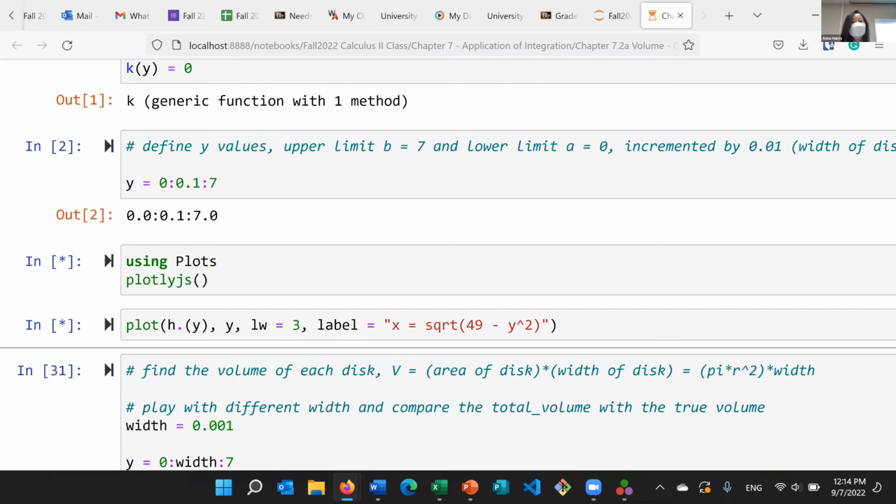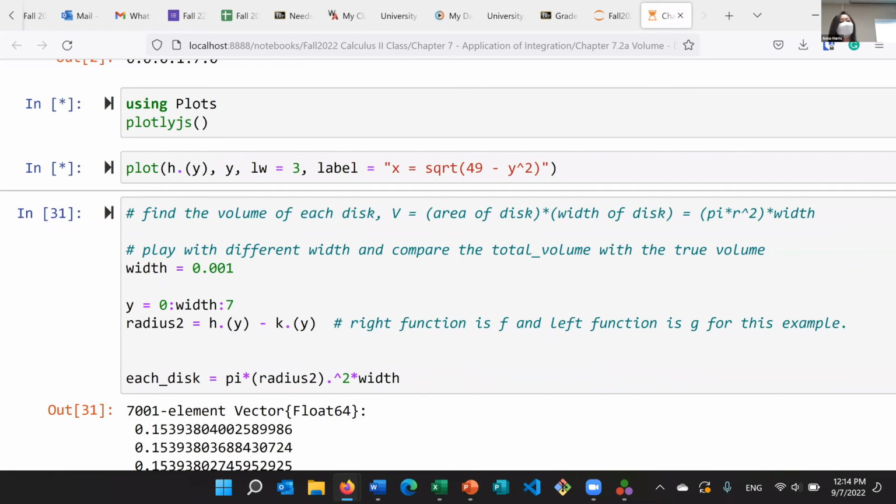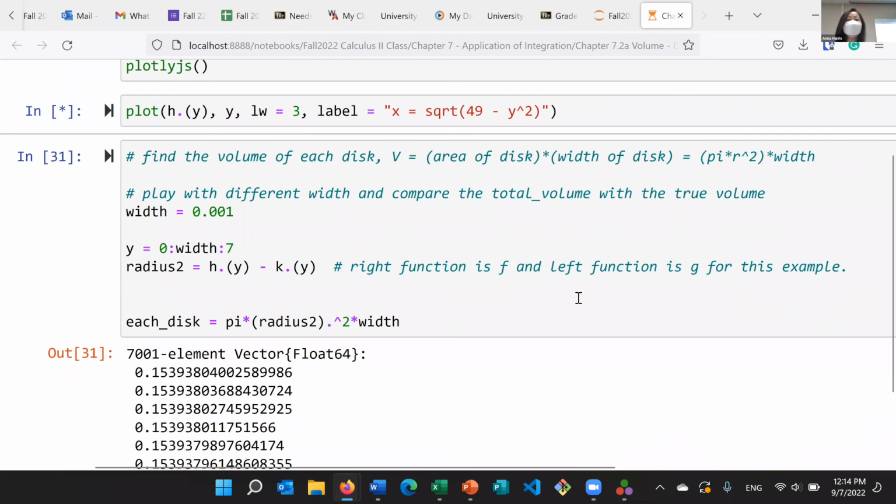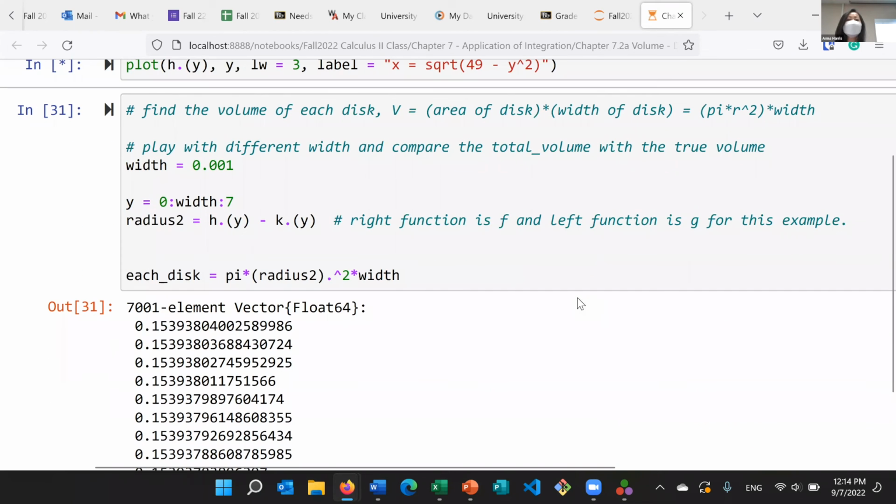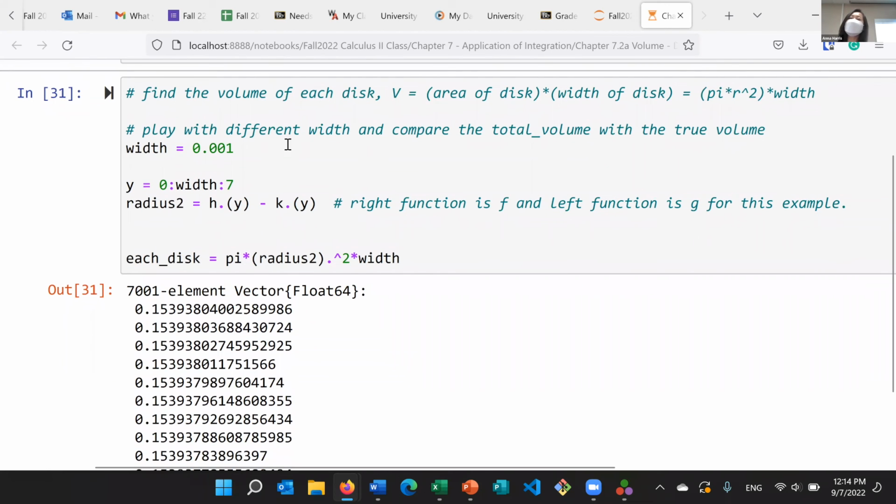It may be very slow because I'm using a hotspot instead of UAPB Wi-Fi. So this part does all this calculation. This will find each individual disk. So I'm going to choose my width to be this, 0.001. Then y is between 0 and 7. What's your radius? Right minus left, right?